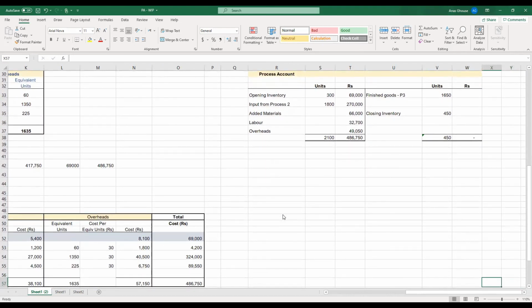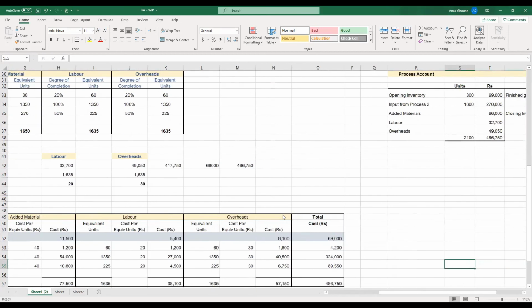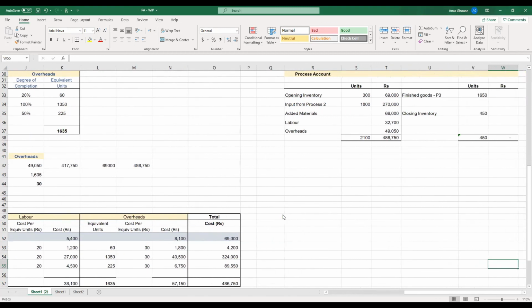That we have already calculated. The closing inventory cost was 89,550. And the remaining cost will be allocated to the finished goods.